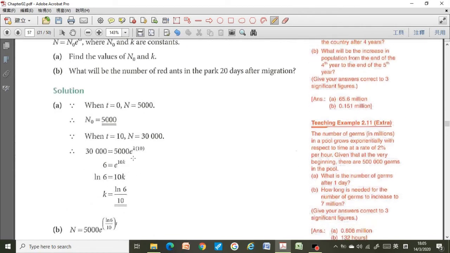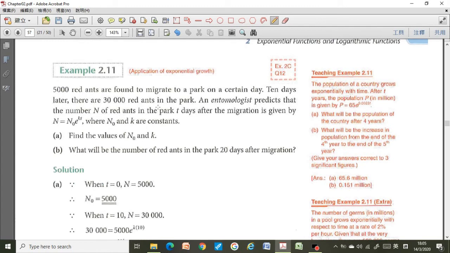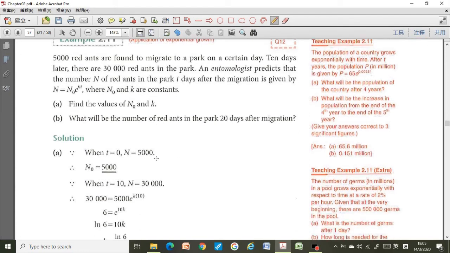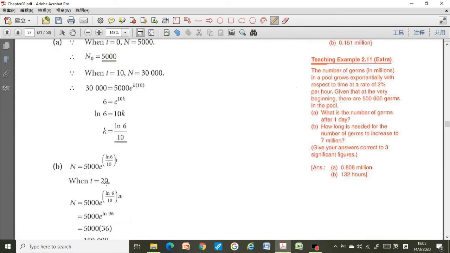Now when you want to calculate how many ants after 20 days, that means you put t equal to 20 inside the expression. Before you do that, you must simplify the index here. 10 and 20 gives 2, so you have 2 log 6. Why is this log 36? Because when you have 2 log 6, the 2 can go inside the logarithm.